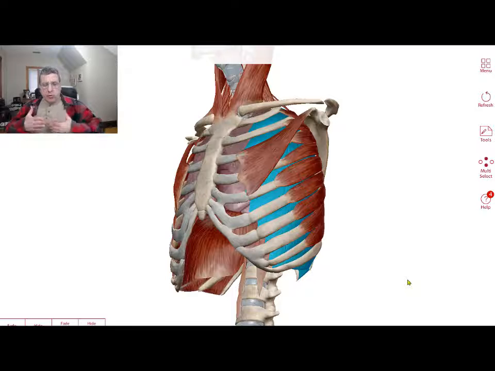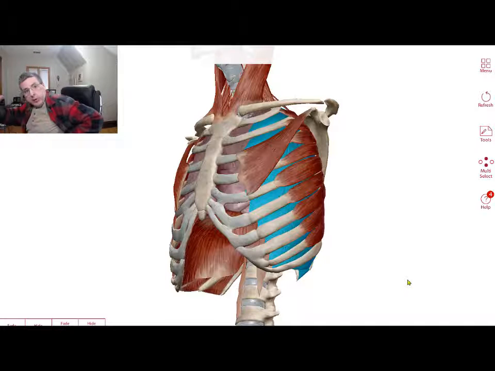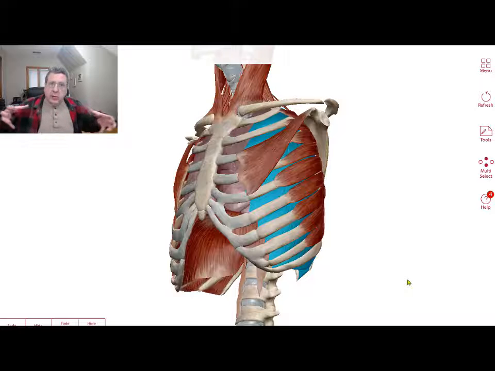So we're increasing the A to P, anterior to posterior dimension, as well as medial to lateral. So any way you look at it, your vertical, A to P, and lateral dimensions are increasing, and therefore it allows for inspiration.